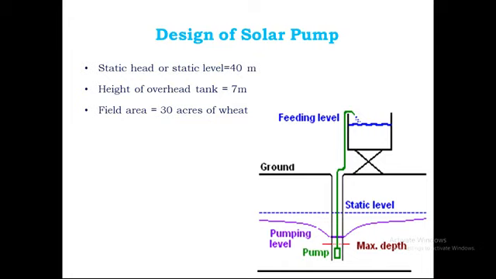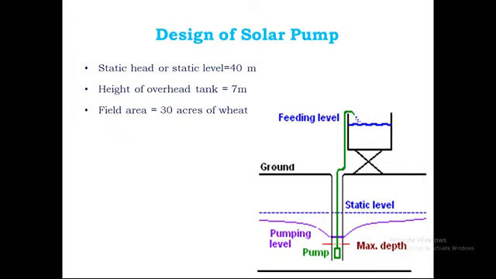Each and every crop has its own water consumption. You have to have an idea how much water is required per day or per year for wheat, for mango, for tomato, for onion. There are different types of fields. So first you have to know this.